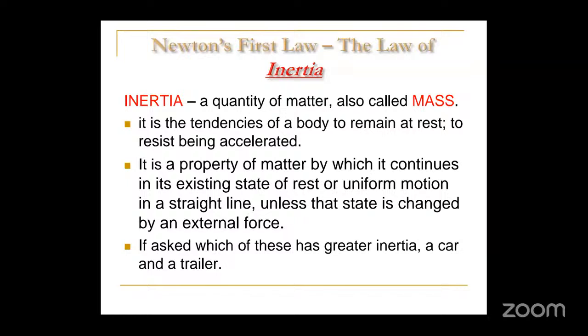So from this concept, Newton came up with his first law, which states that an object at rest remains at rest, or in motion remains in motion on a straight line at constant speed unless acted upon by an external force.